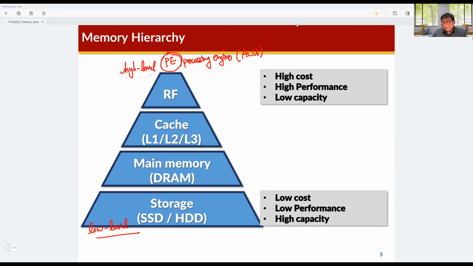So why do we need to use memory hierarchy? Because we do not have perfect memory. What's perfect memory?